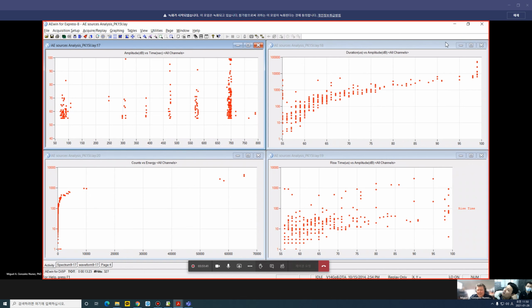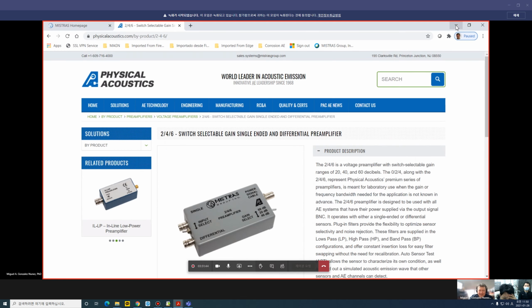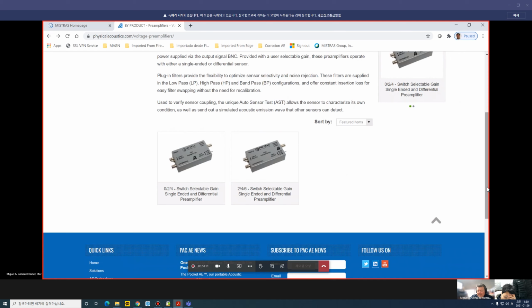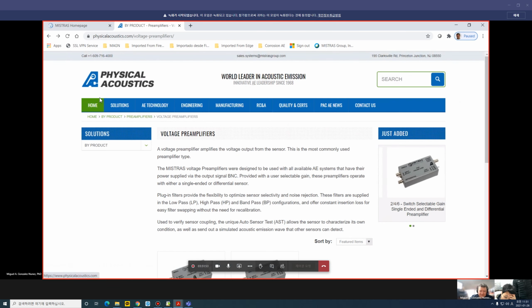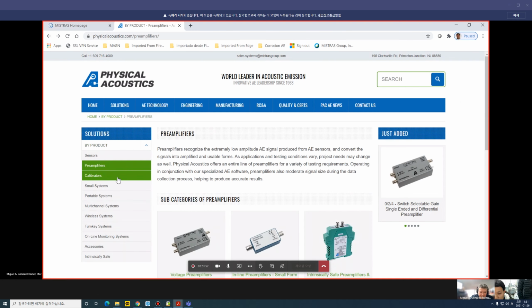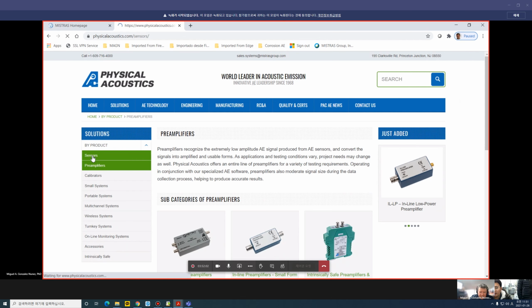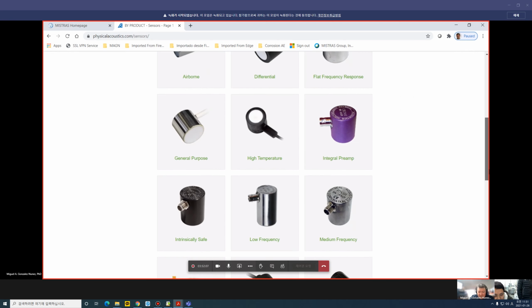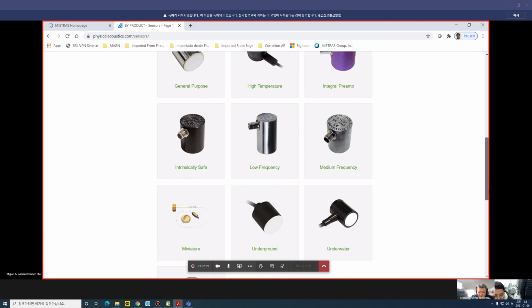Actually, I think you are familiar with, or you have seen, the calibration sheets contained with the sensors. Yeah, we have many. So you have the micro. I think it's these ones.